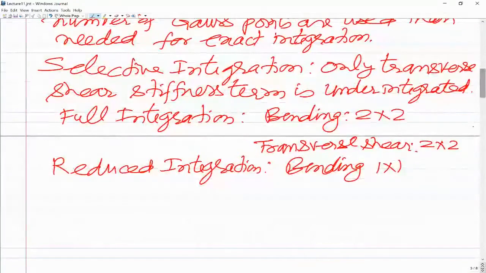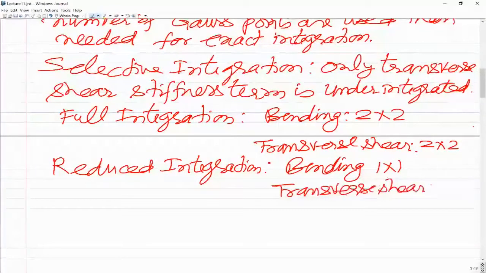And the transverse shear is also evaluated using the one by one integration rule. But the problem is that the stiffness matrix becomes under evaluated. The stiffness matrix is significantly lower compared to what it should be, so it over predicts the deflection.